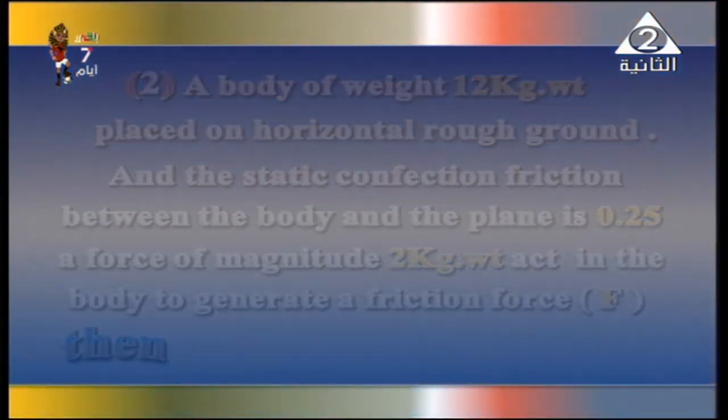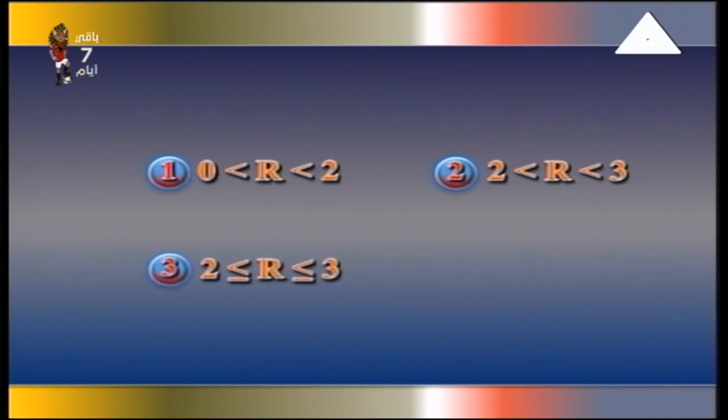Then choose the correct answer. R more than 0 and smaller than 2, R more than 2 and smaller than 3, or R smaller than or equal to 3 and more than or equal to 2, or R more than 3.